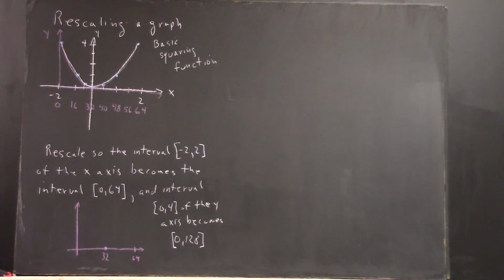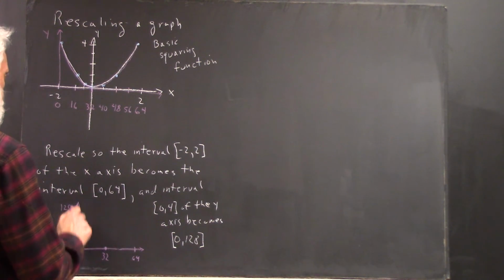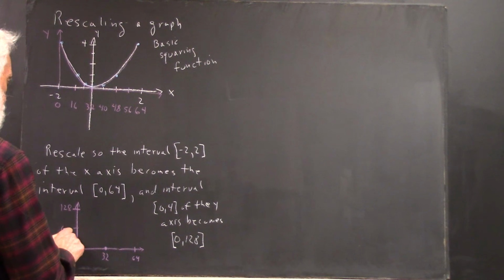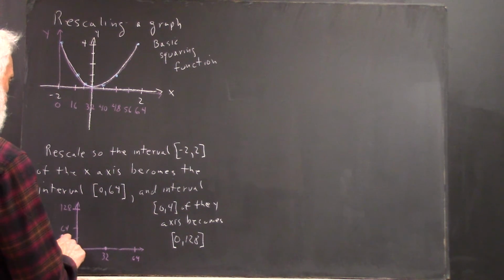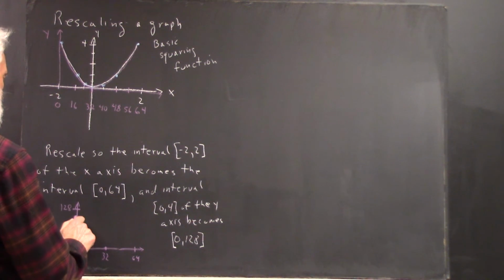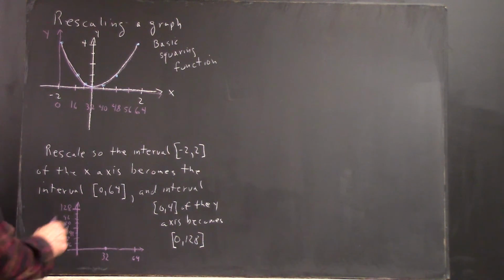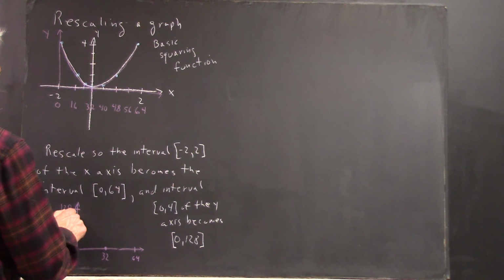Now I'm just going to do that. I'm not going to explain that in detail, but here's 128. I'll kind of state as I go. Cut that in half, I get 64. Cut that in half, I get 32. Cut that in half, I get 16. Got a half there, it gives me 48. And then I've got halves up here, that's going to be 96. That's going to be 80. And now it's getting small and you can't read it. But if you look at the video, which I'll post after class, you'll be able to see it. And that's going to be 112.